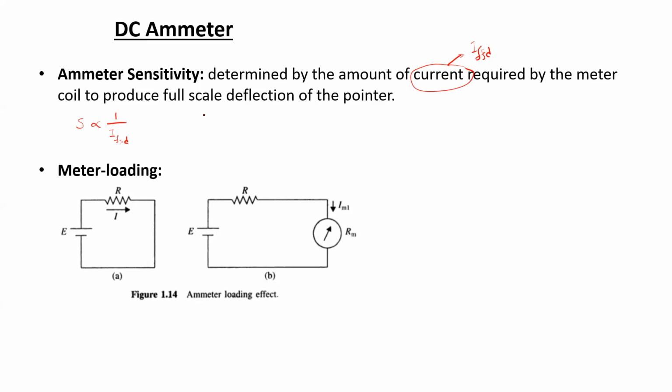So if there is a meter mechanism that requires 10 microampere current to produce full scale deflection, and there is another meter arrangement that requires 1 milliampere current to produce the full scale deflection, then as the first meter arrangement needs a smaller amount of current to give full scale deflection, or it can sense smaller amounts of current, it can be said that the sensitivity of this meter arrangement is greater than the other one.